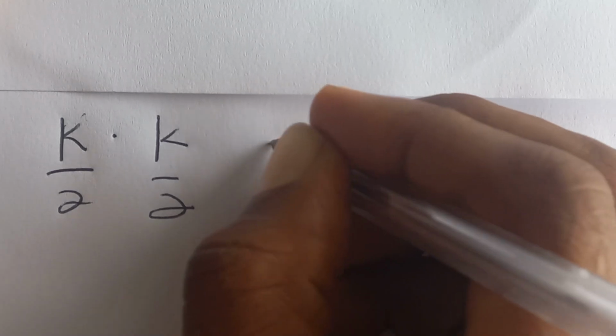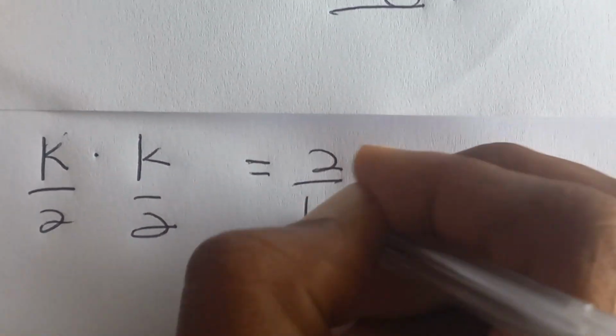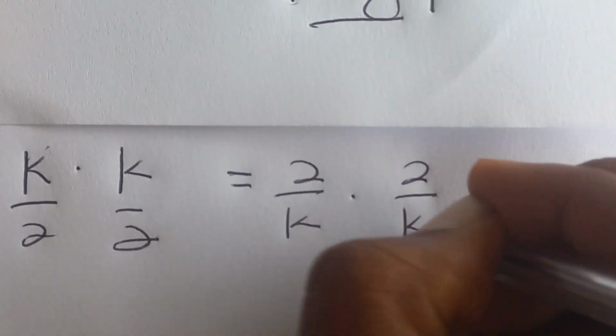Let's verify to see if our answers satisfy the equation. So let's test with the plus or minus 2 first. We have k over 2 multiplied by k over 2 is equal to 2 over k multiplied by 2 over k.